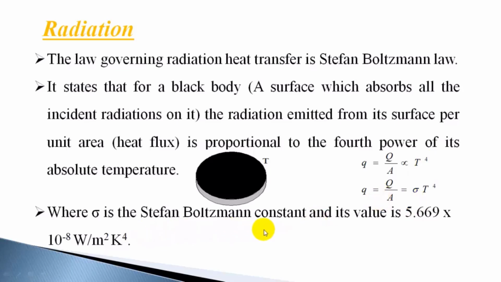The value of the Stefan-Boltzmann constant is 5.669 into 10 raised to minus 8 watts per meter square Kelvin to the power of 4. The Stefan-Boltzmann law is applicable only for a black body. In case of black bodies, they emit radiation, and the radiation heat flux emitted from the surface is proportional to the fourth power of absolute temperature. So you can find out the heat flux from a black body by applying the Stefan-Boltzmann law, as heat flux is equal to sigma T to the power of 4.